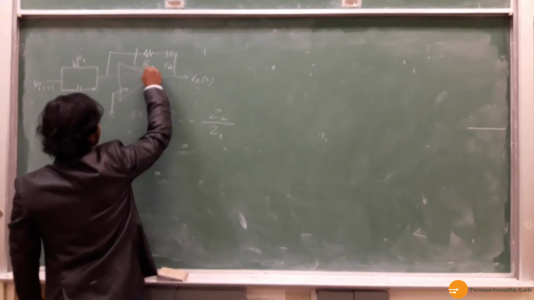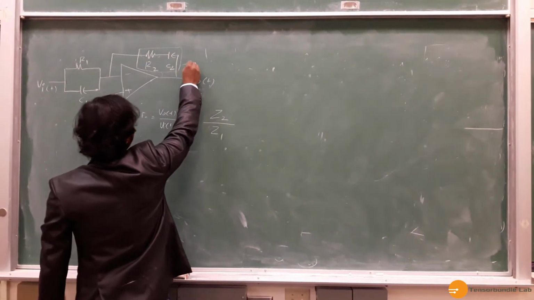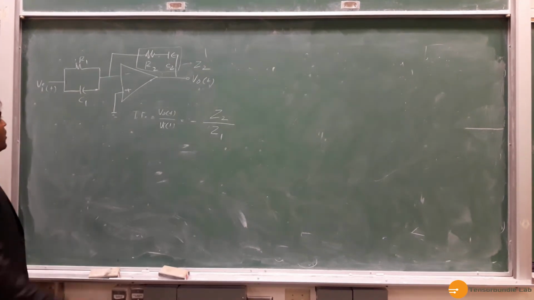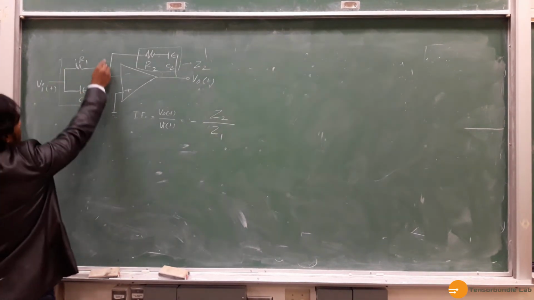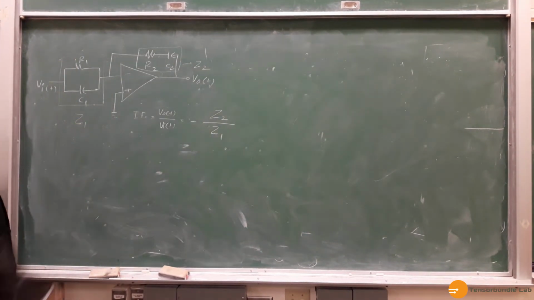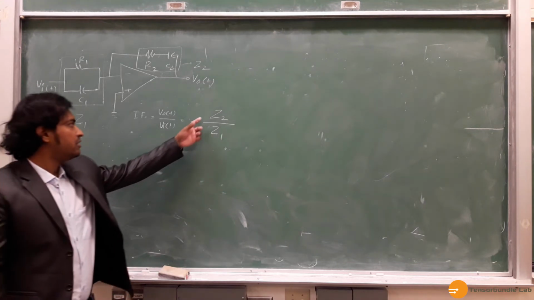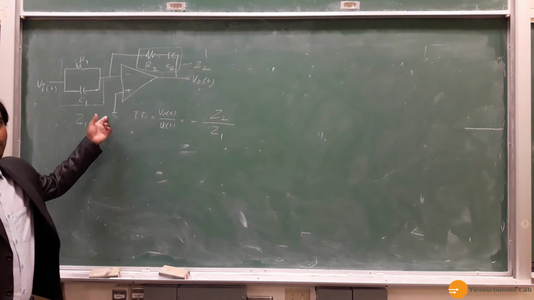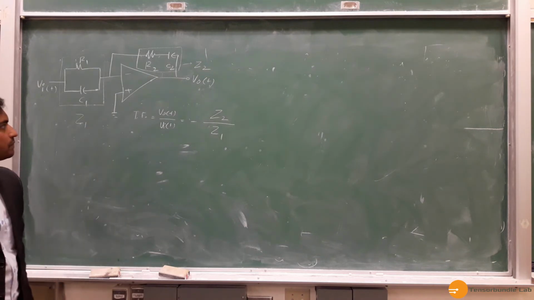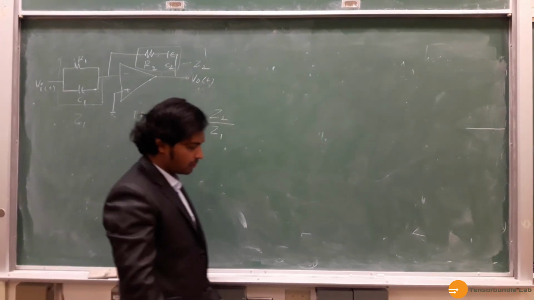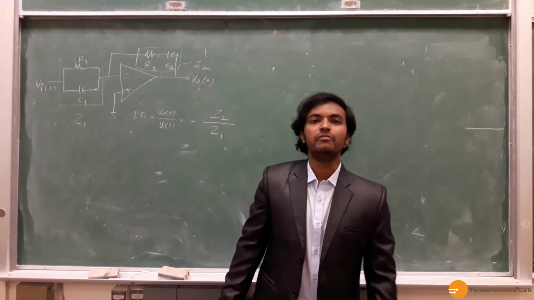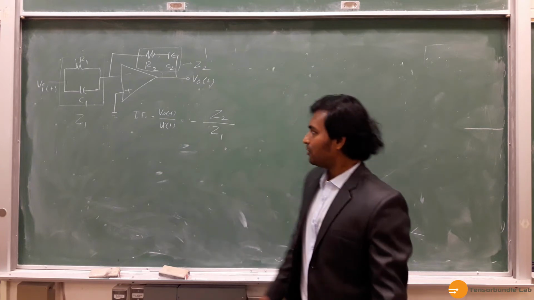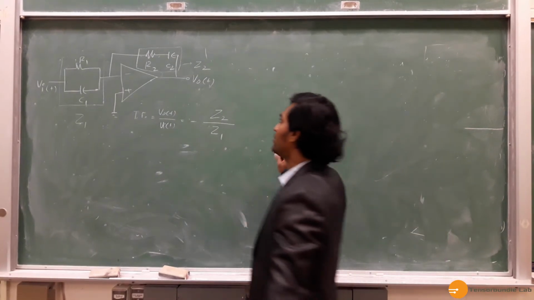Z2 represents the impedance of the feedback load, and Z1 represents the impedance at the input side. So if we take the ratio between these two impedances, then we can find the transfer function of this op-amp circuit. Alright? We do not need to go through the stages of writing the differential equation and solving them. We can skip those parts. So the concept is impedance transformation in Laplace domain.